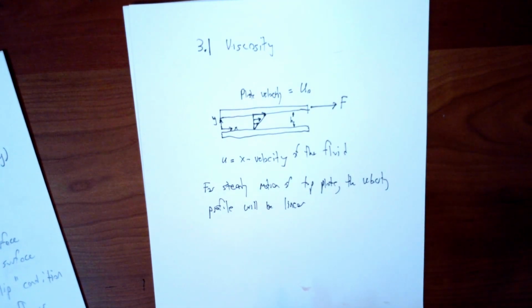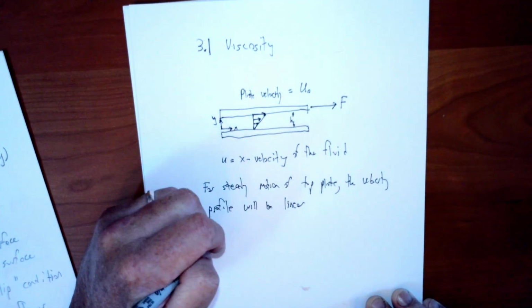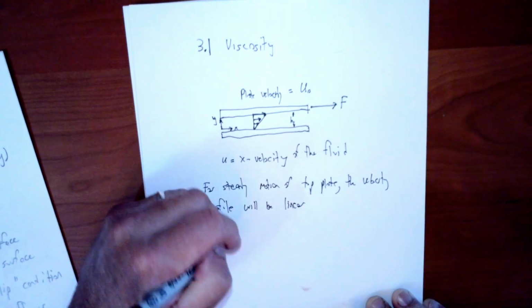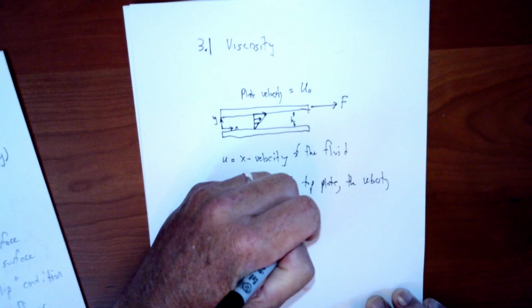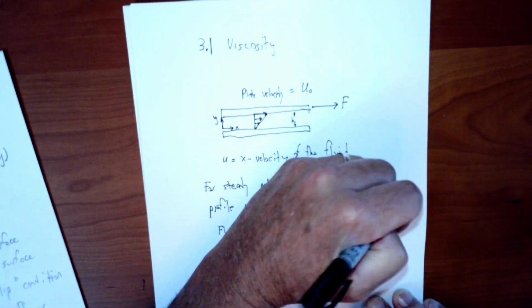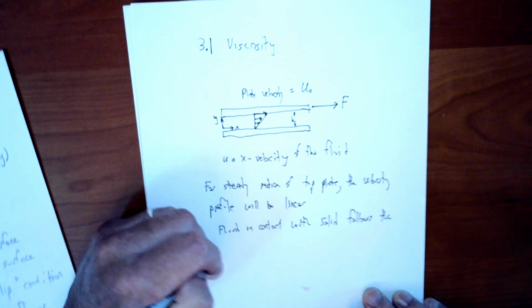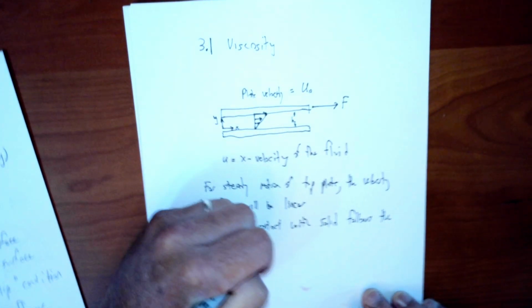When we have a fluid that's in contact with a solid, we almost always have what's called the no-slip condition. So fluid in contact with solid follows the no-slip condition, almost always.